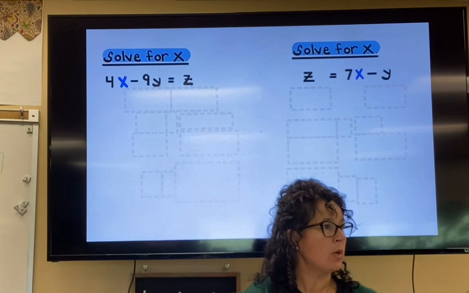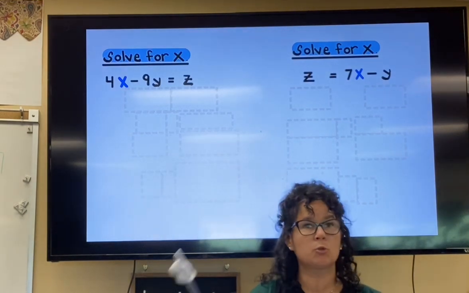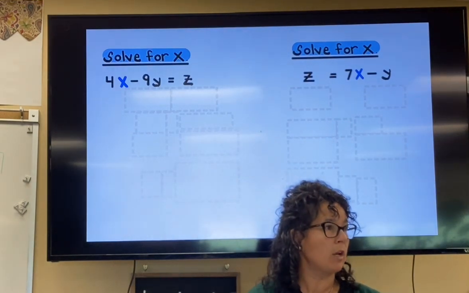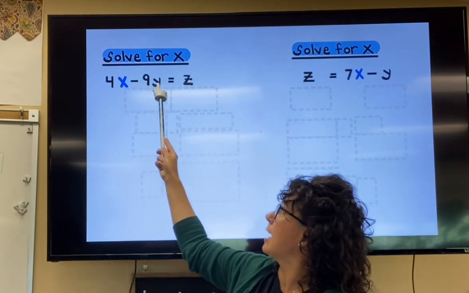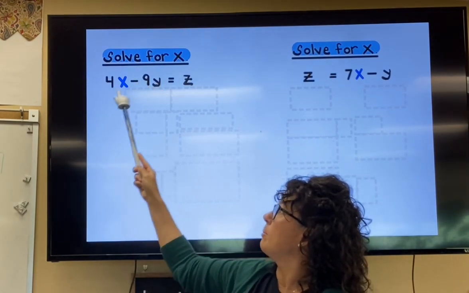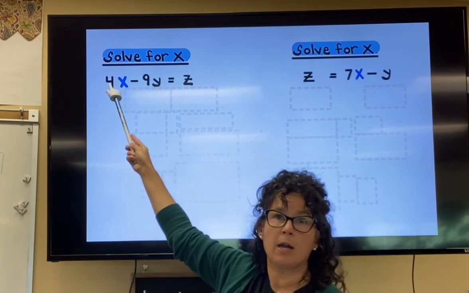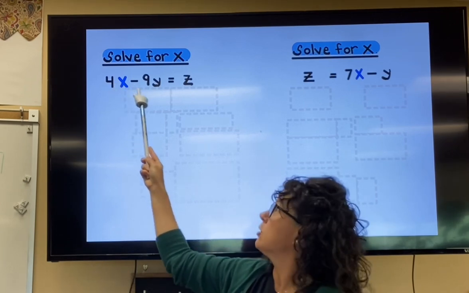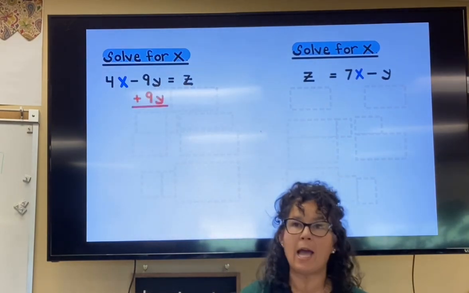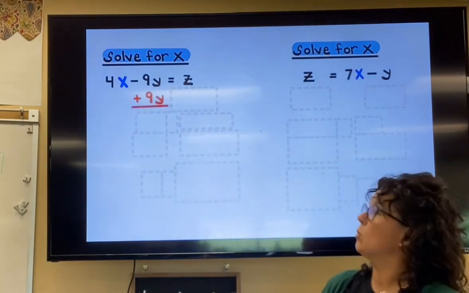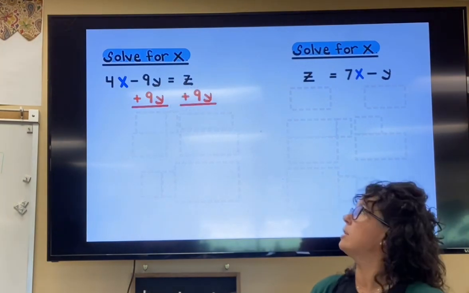So if I'm undoing PEMDAS, I want to get rid of subtraction before I get rid of multiplication. So I want to get rid of the subtract 9y before I get rid of the multiply by 4. So to get rid of subtract 9y, I'm going to add 9y. What I do to one side of the equal sign, I do to the other.